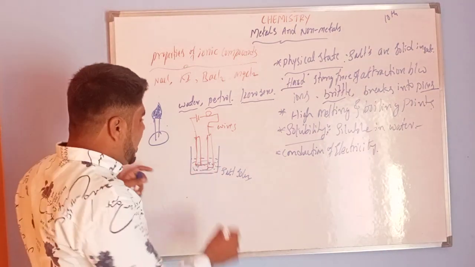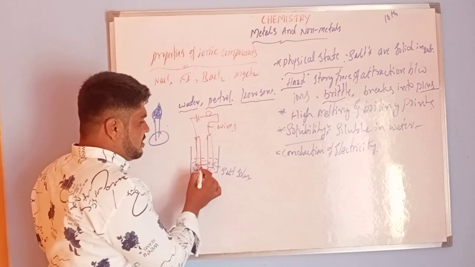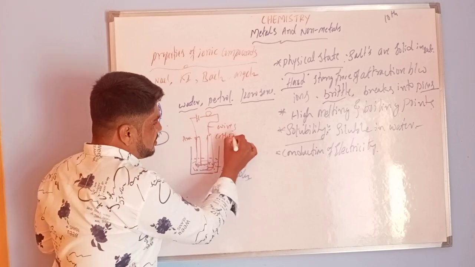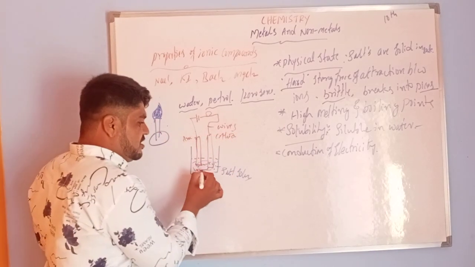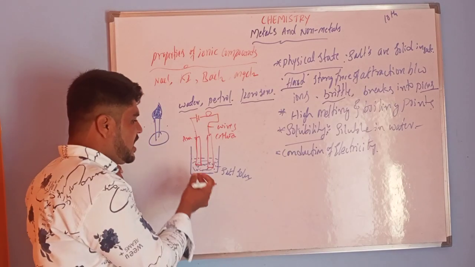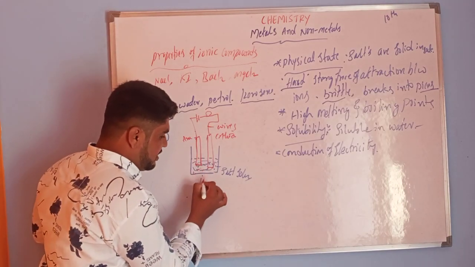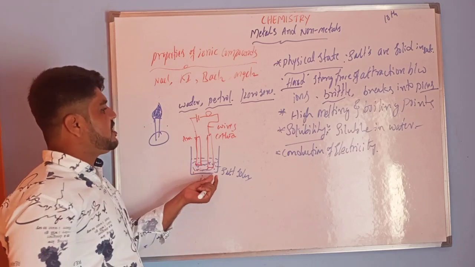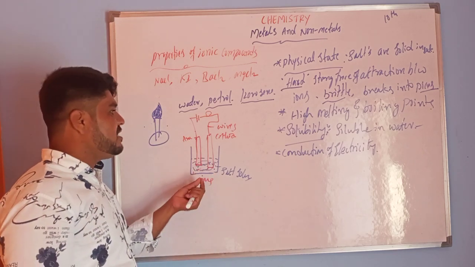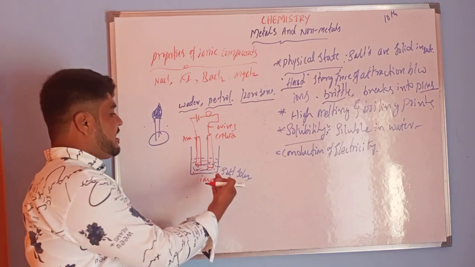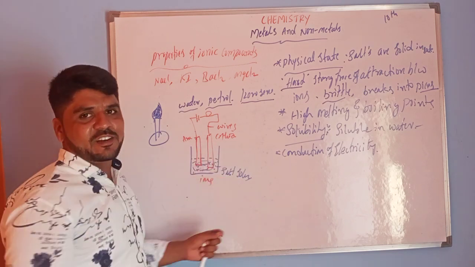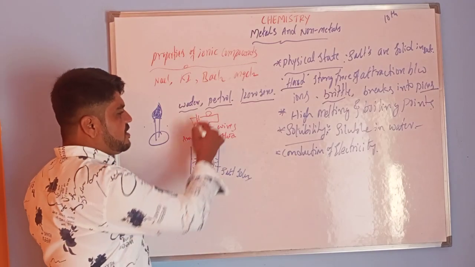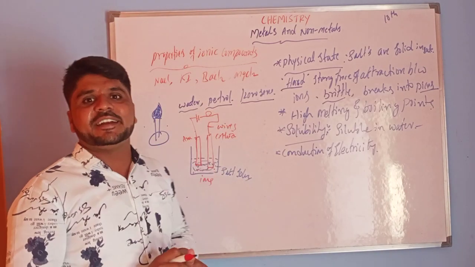When you pass the electric current, consider this as the anode and this as the cathode. In this salt solution we can observe the ions. These ions are responsible for the conduction of electricity. These oppositely charged ions are attracted to the oppositely charged electrodes. So this movement of ions we call electricity.